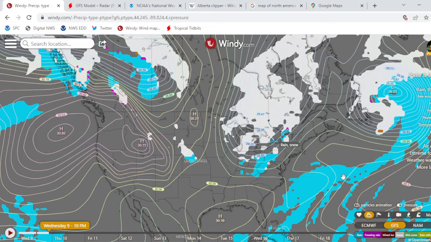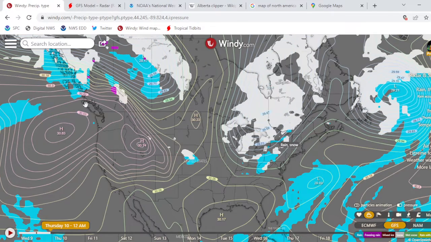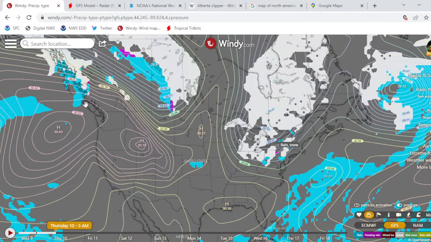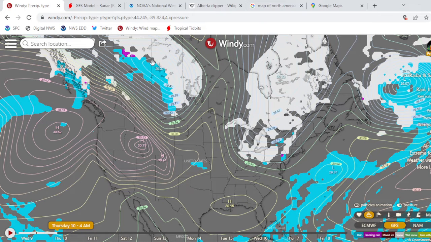Okay, so this is the precip type map, and this is actually for today at 10 p.m. Got some snow here, some rain here. What we're going to do is advance this a little bit, and you'll see right here this low pressure system. Okay, it's snow and rain.